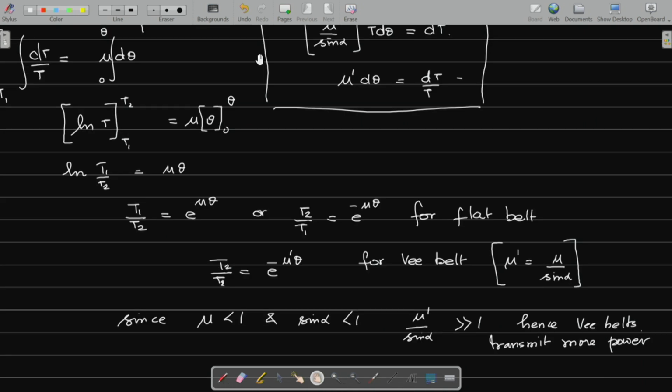Since mu dashed is going to be mu by sin alpha, both mu and sin alpha are less than 1, decimals, and division of a decimal by another decimal will give you a whole number which is greater than 1. The power transmitted in a V belt pulley, with T1 by T2 equal to e power mu dashed theta, is always going to be greater than e power mu theta. Hence, V belts can transmit more power.